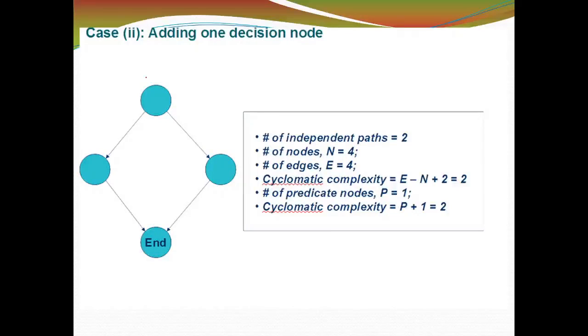In this example we have 4 nodes, and how many edges? 4 edges: edge 1, edge 2, edge 3 and edge 4. Now this is one particular code, and of that code we have drawn the control flow graph.